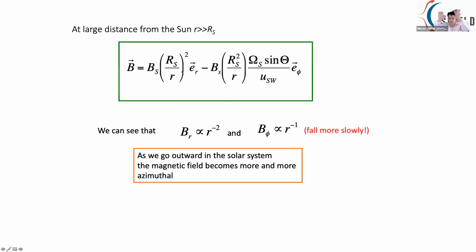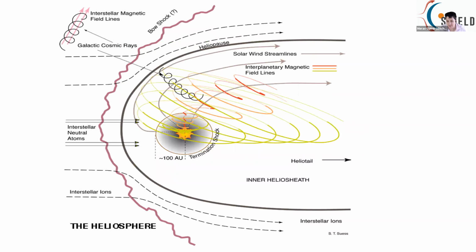Because you can think about a radial field that is getting steered more and more by the rotation of the sun. Why is it important? Because I want you to have this mental picture. The magnetic field at large distances is a loop, it's azimuthal. It's like a tornado.